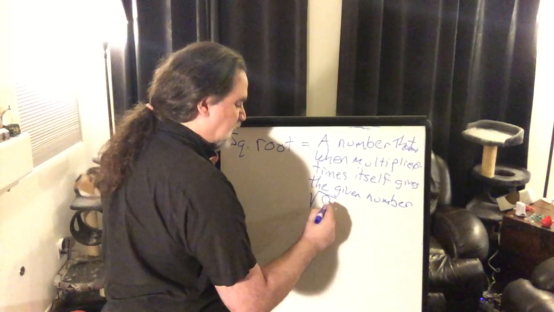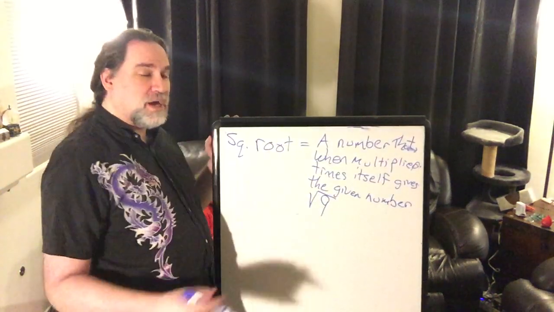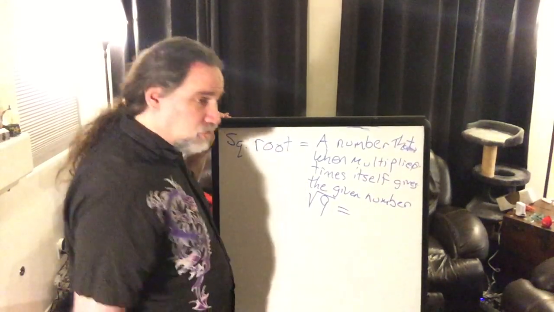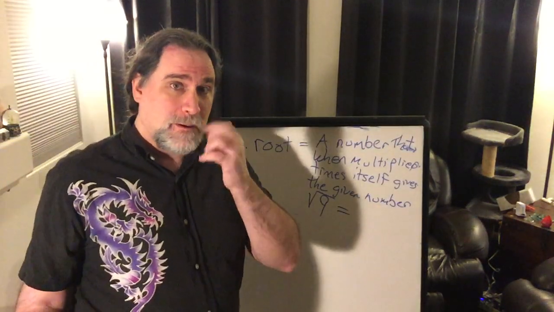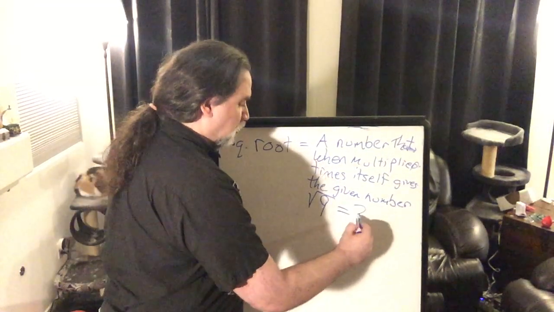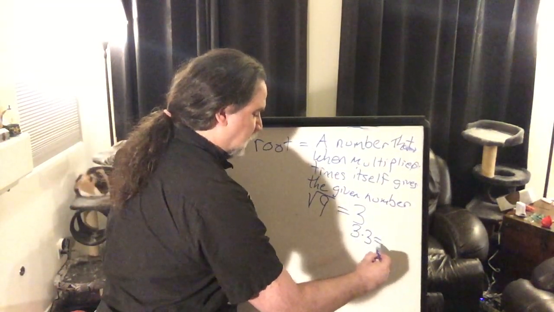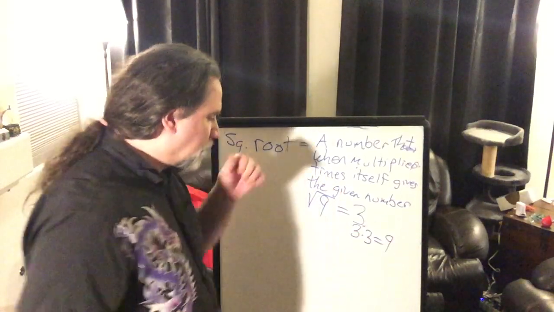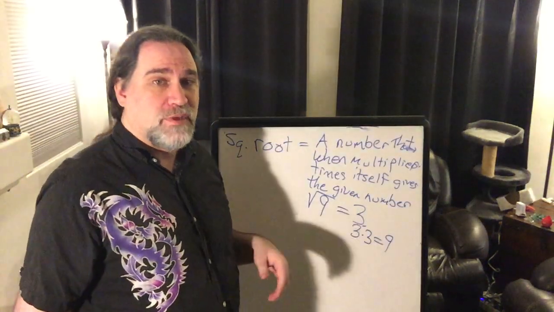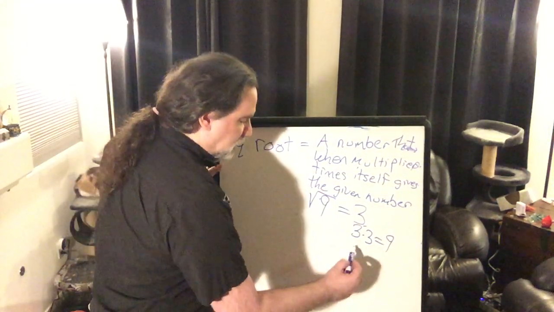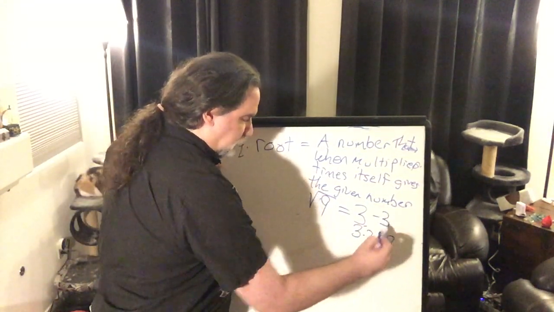So the square root of 9. What number times itself would give us 9? Well, there are actually two answers for this. 3, I hope everyone knows that one, because 3 times 3 equals 9, but there's another answer. There's another number that when you multiply it times itself gives you positive 9, and that would be negative 3.